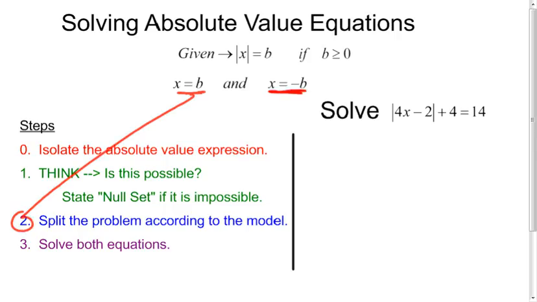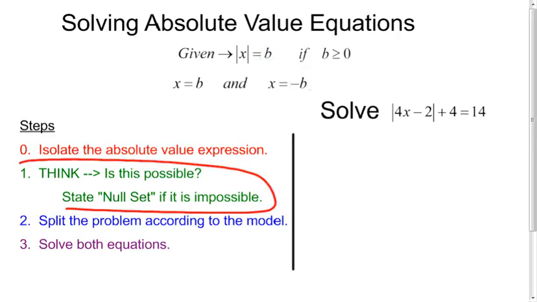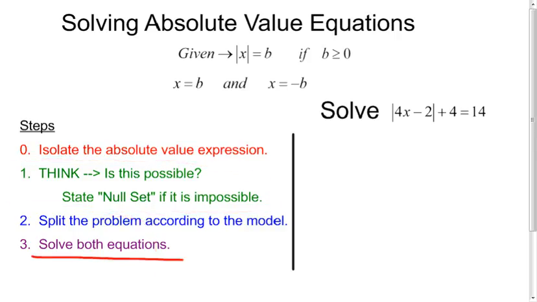In layman's terms, the first time you just recopy the problem without the bars, and the second time you recopy the problem without the bars, but you change the sign to negative. Again, you can only do that if the problem is solvable. So you have to think here in step 1 to know if that's really even possible. And then basically, solve both equations.